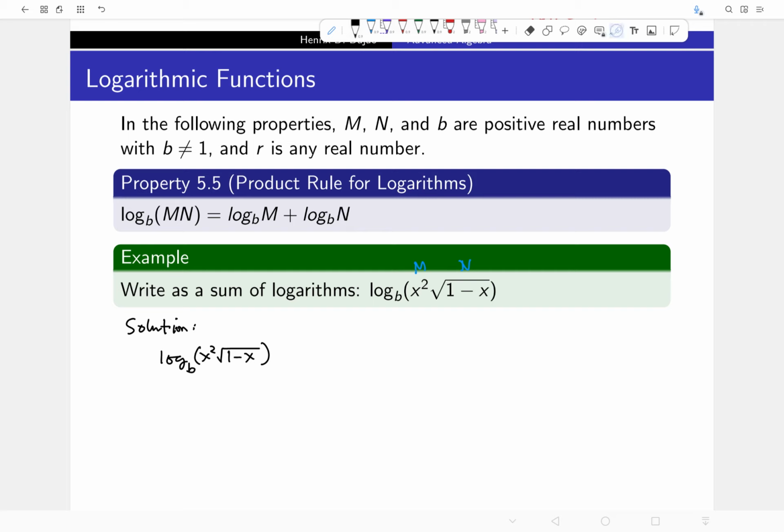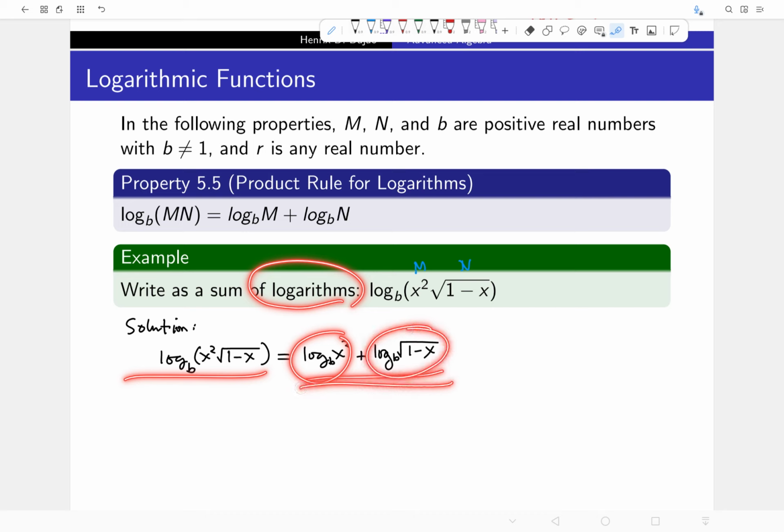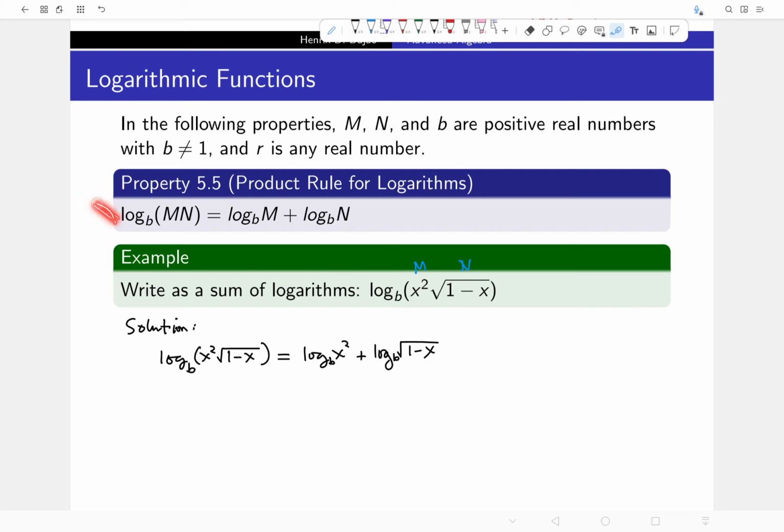Remember that this one and this one are being multiplied. According to the property above, this becomes the logarithm of x squared with base b plus the logarithm of the quantity 1 minus x with base b. So now we already expressed this expression as a sum of logarithms. So we're done. We are just applying this property.